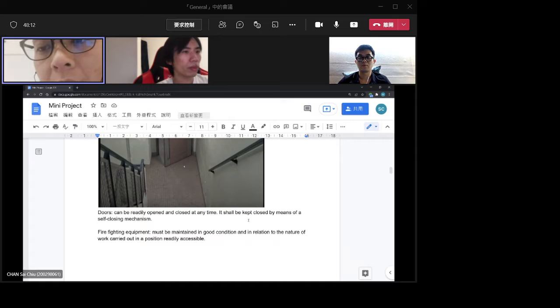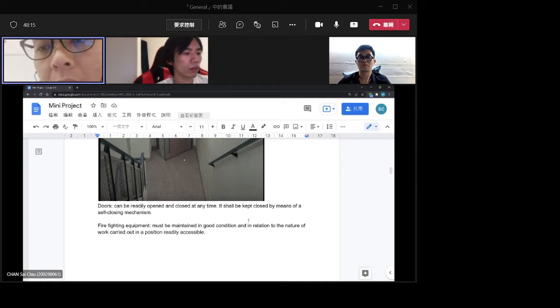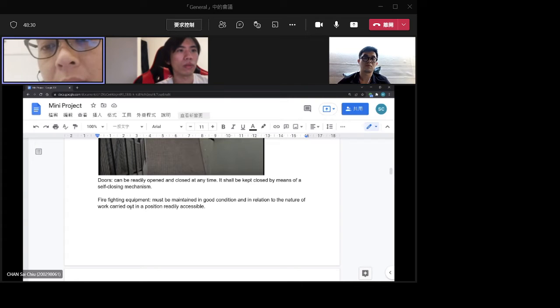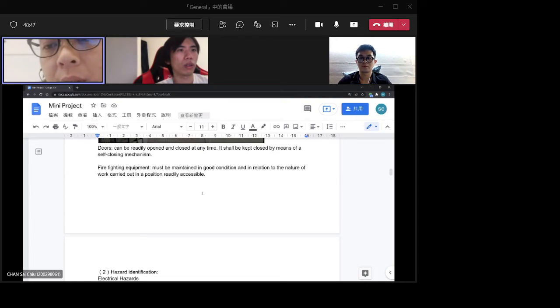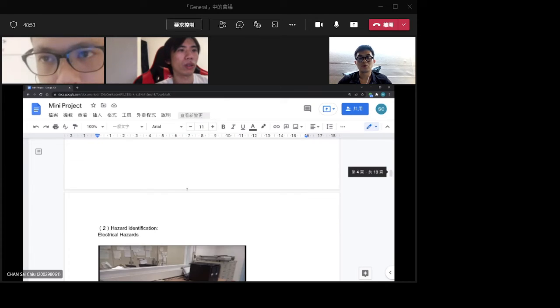Doors should not be able to open and close at any time; they shall be kept closed by means of a self-closing mechanism. Firefighting equipment must be maintained in good condition and, in relation to the nature of work carried out, in a position very accessible.